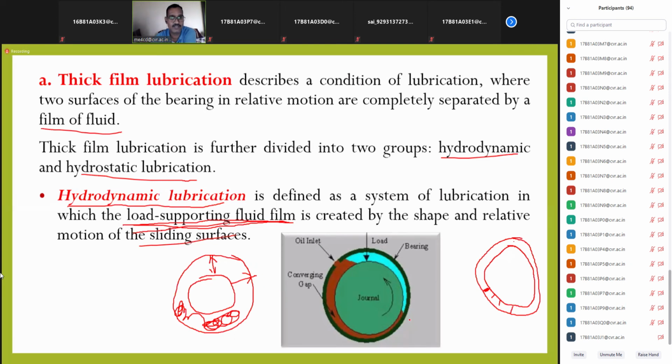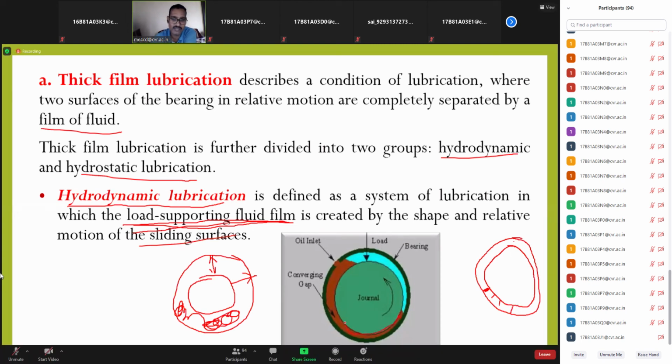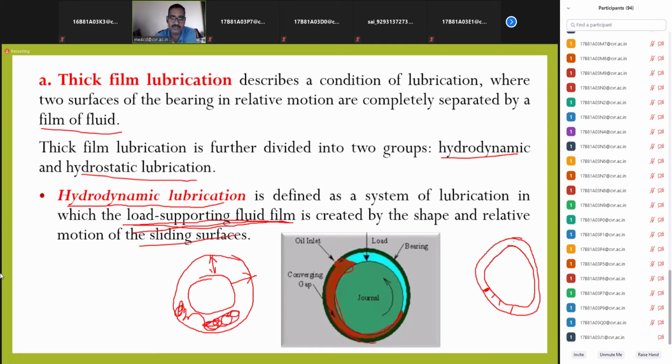Let us suppose the point of contact will be somewhere here. This is the shape of the oil film, and if it is somewhere here or in the center, the shape will be like this in the circular motion. That is, it will conform to the shape of the leftover space.